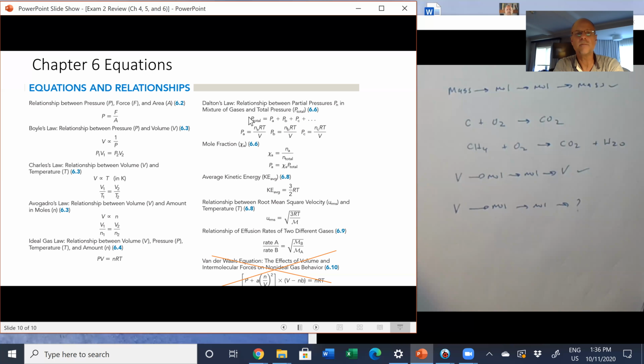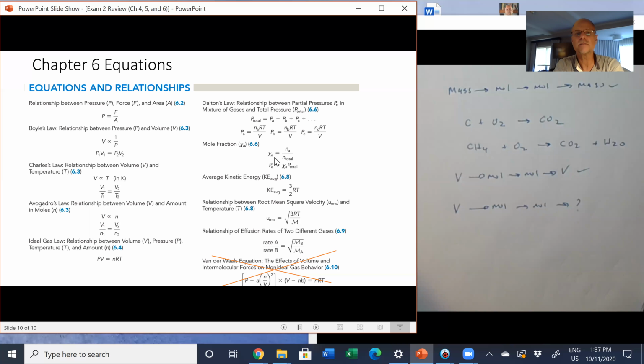Know Dalton's law of partial pressure, right? The total pressure is equal to the sum of the partial pressures of the components. And then for any individual gas, you can get the partial pressure of that component if you know the number of moles of that component times RT over V. Know also the definition of mole fraction.